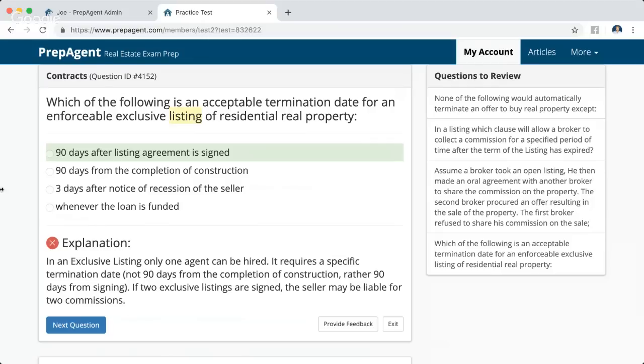You have open listings and you have exclusive listings. There are two types of exclusive listings. So you have exclusive right to sell and exclusive agency.